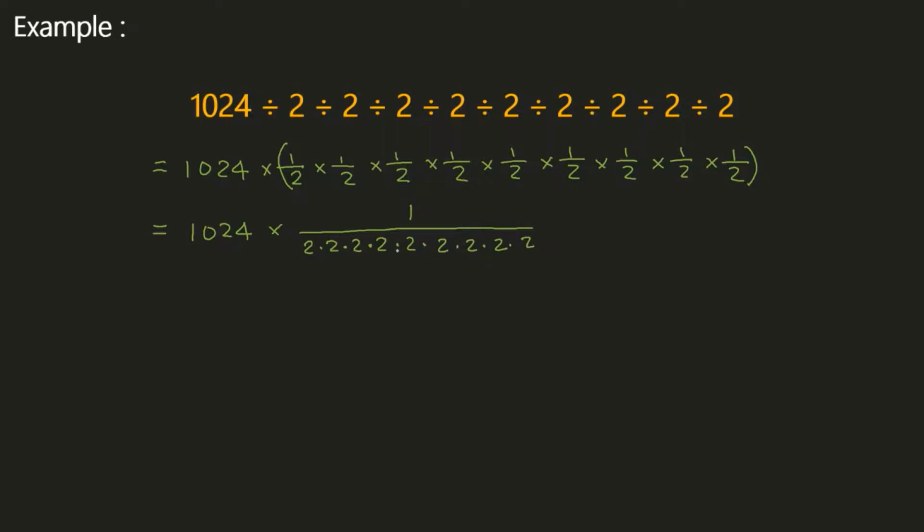And 2 times itself 9 times is equal to 512. So it becomes 1024 times 1 over 512. This is essentially 1024 over 512, and the answer is 2.